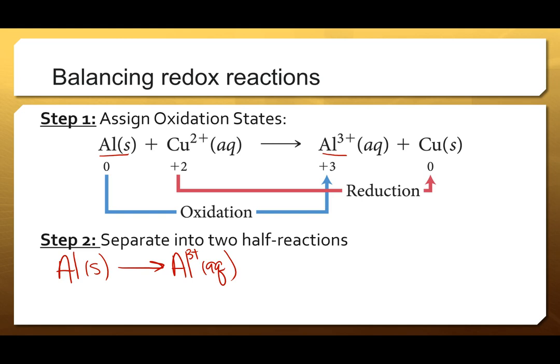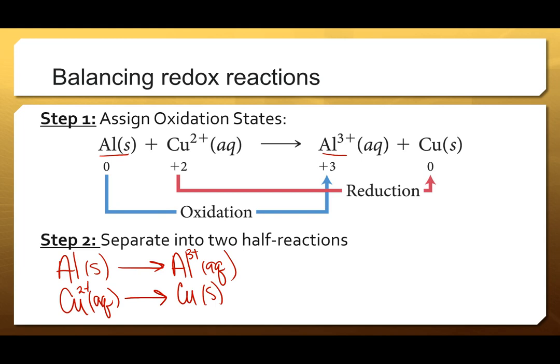It's going to be dissolved in solution. And then the other half reaction is copper that was dissolved in solution as an ion is going to become copper as a solid. So those are our 2 half reactions.